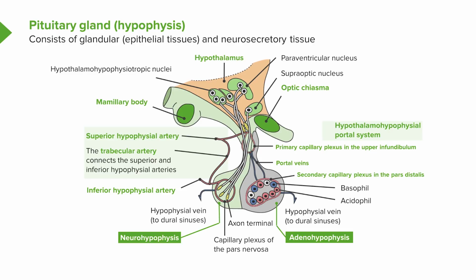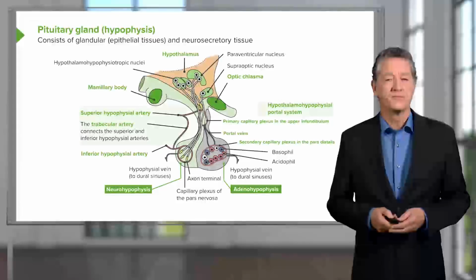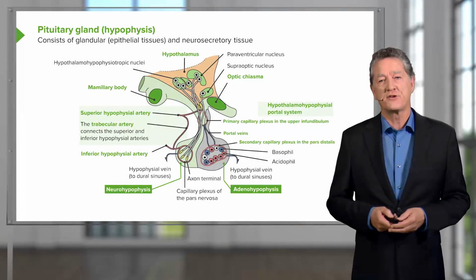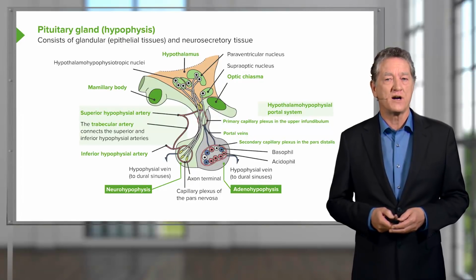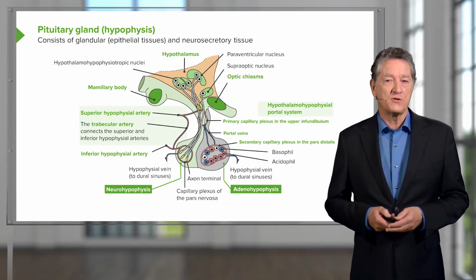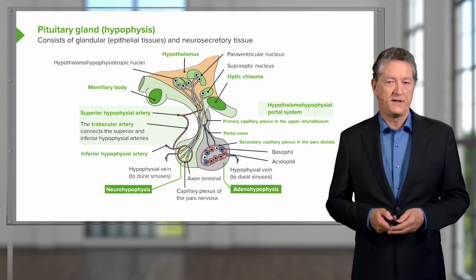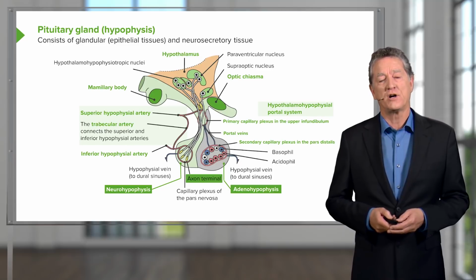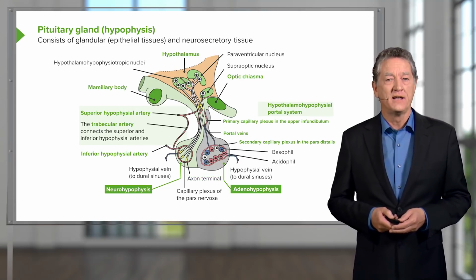What happens is that oxytocin and ADH, two hormones, are produced by the cells in these two nuclei. Oxytocin is produced mostly by the paraventricular nucleus. ADH is produced mostly by the supraoptic nucleus. Those secretory products travel down the axons and are stored in axon terminals in the neurohypophysis, and we'll see that in a later slide.